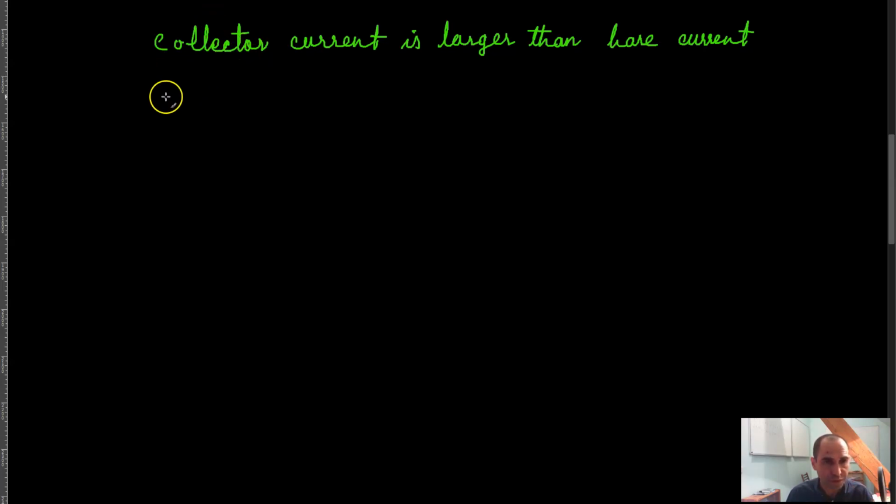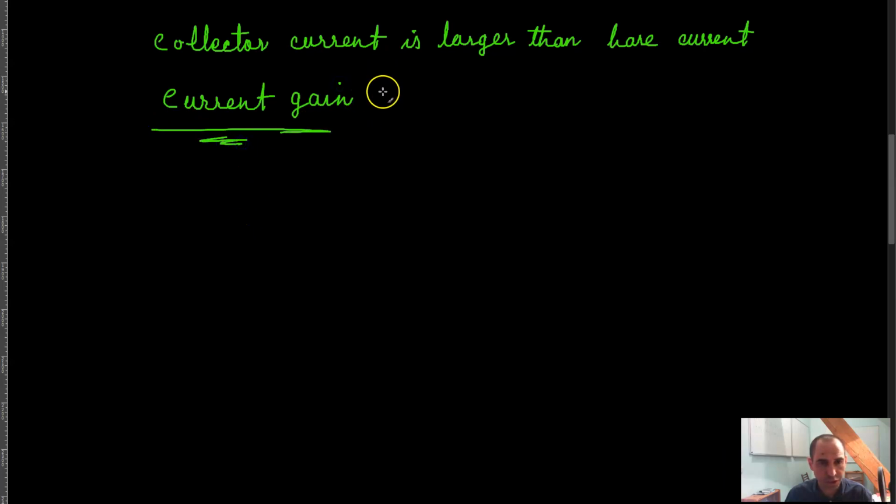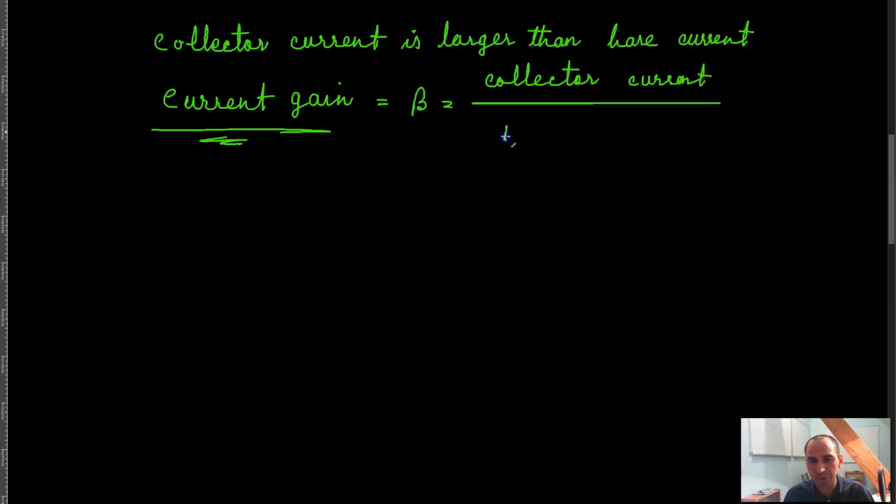So there is something called the current gain of the transistor. And the current gain of the transistor, which is also denoted by beta, is basically the ratio of the collector current to the base current of the transistor.